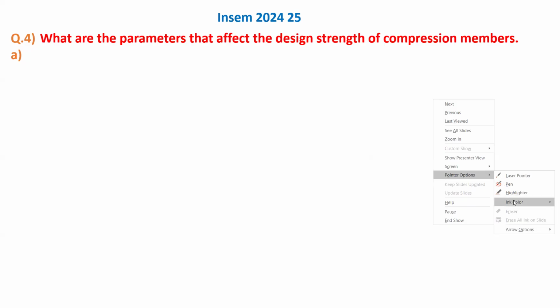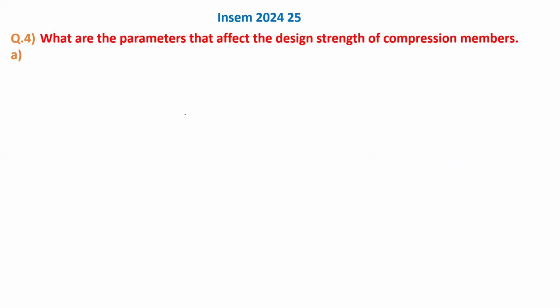Now see, if we look at the formula, we have the formula for PD, that is design strength, is AE into FCD. So the first factor we have is member classification, which is from table 2.